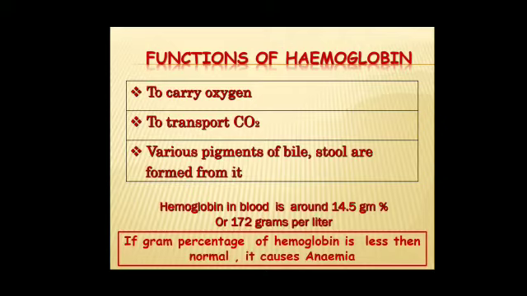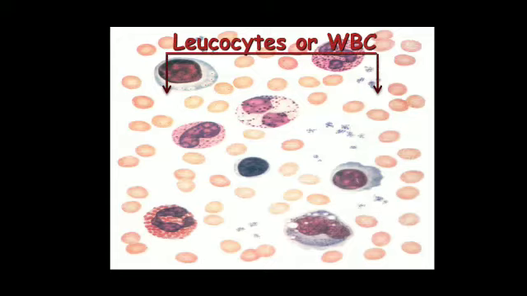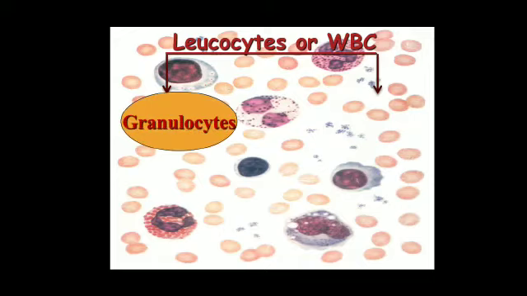Now friends, we will see the other type of cell which you see in the picture, which is less in quantity, has a nucleus in it, and is larger in shape and size. These cells are leukocytes. In the picture you can clearly see that these leukocytes are of two types: one having granules on the body surface and another without granules on its body surface. So leukocytes or white blood cells are classified into two types, granulocytes and agranulocytes.